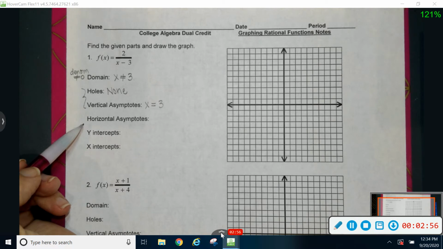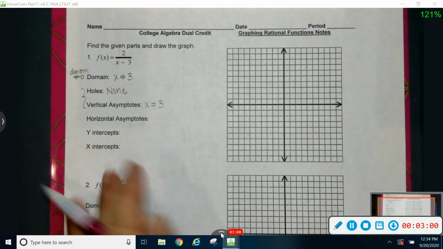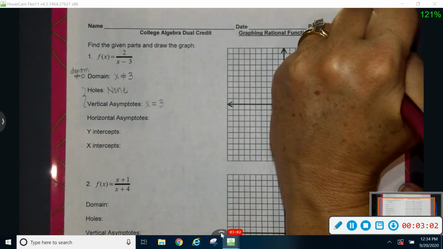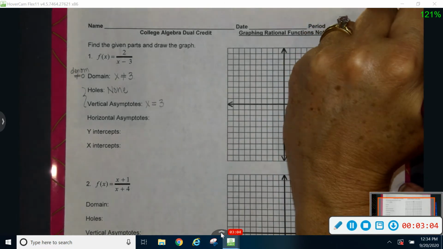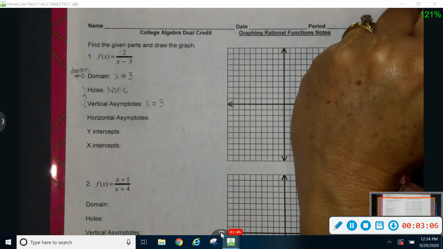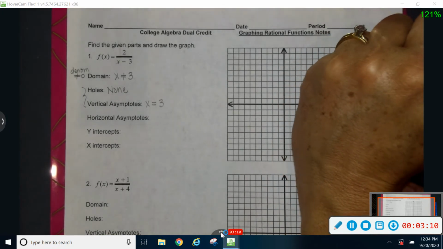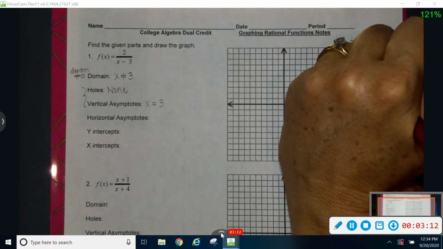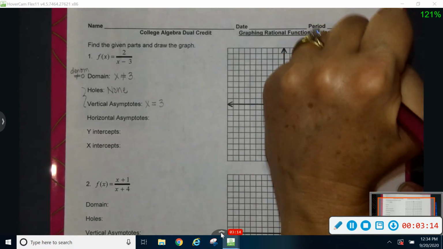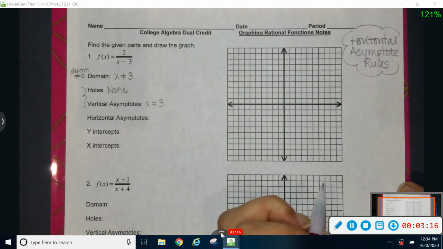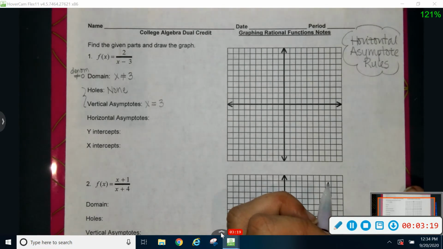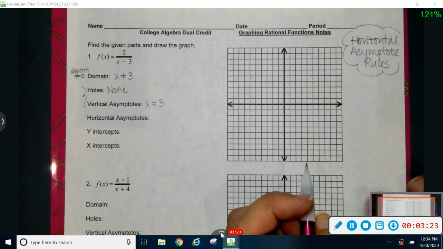Next we have horizontal asymptotes. And horizontal asymptotes come with their own rules. So on the side over here, I'm going to make a list of our horizontal asymptote rules. Here are the 3 things that can happen.